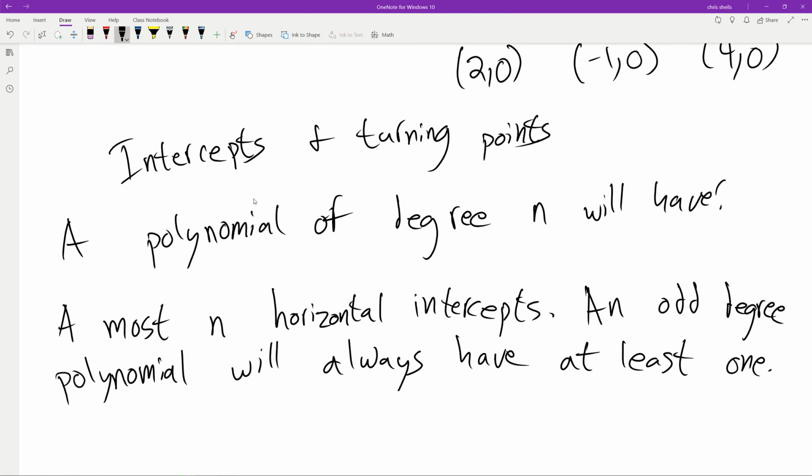And a polynomial of degree n will have at most n minus 1 turning points.